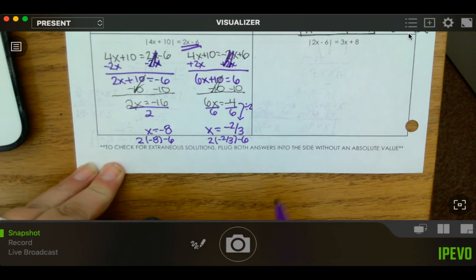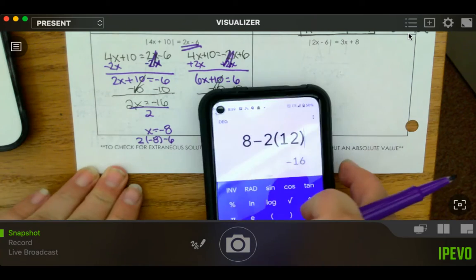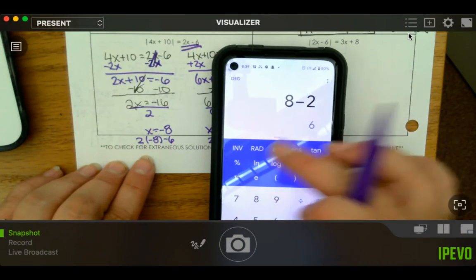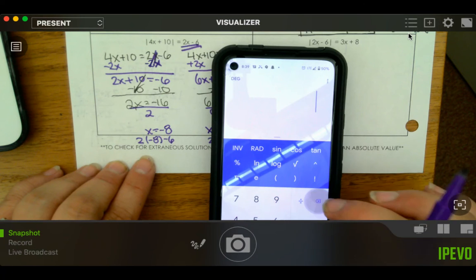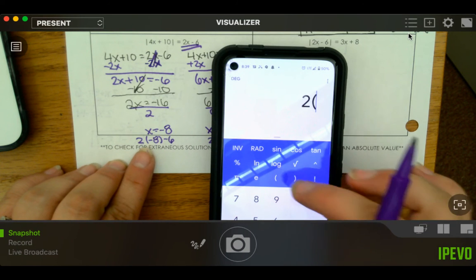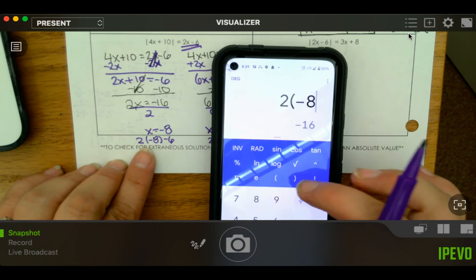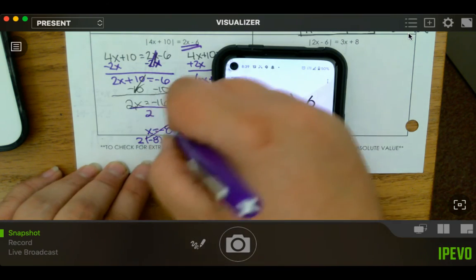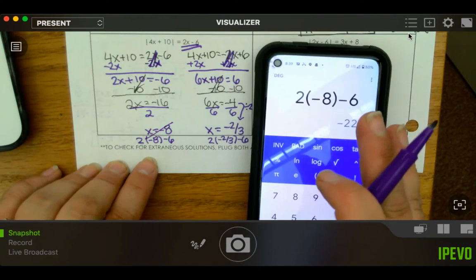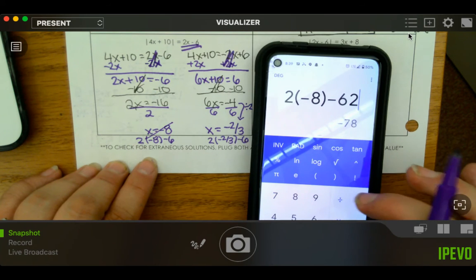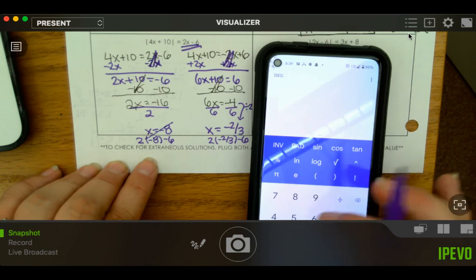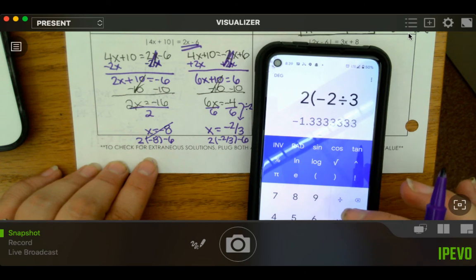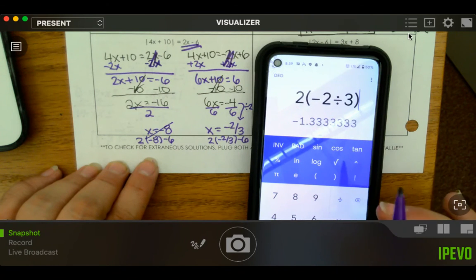So let's double check this in my calculator. 2 times negative 8 minus 6, negative 22. 2 times negative 2/3 minus 6.